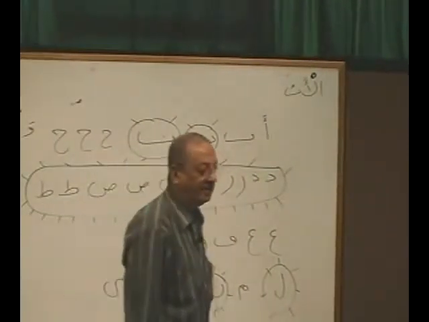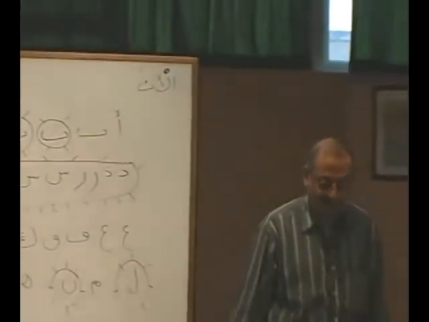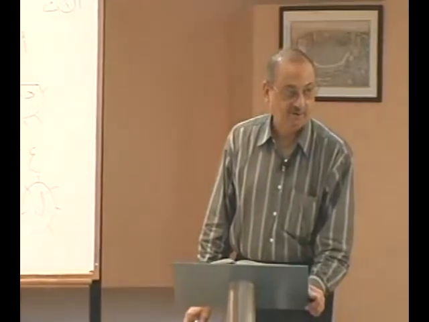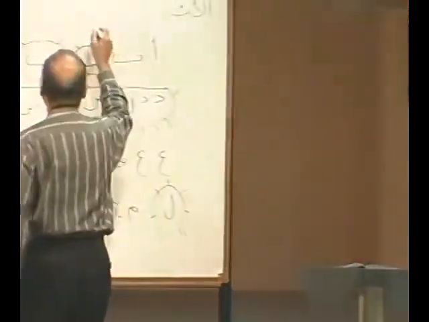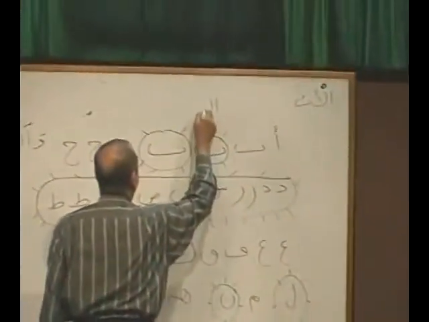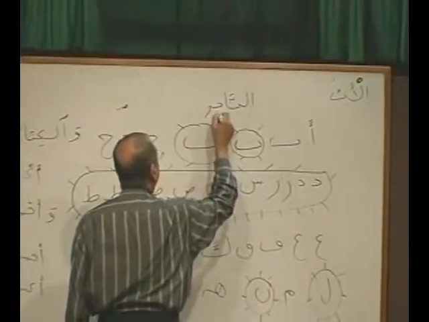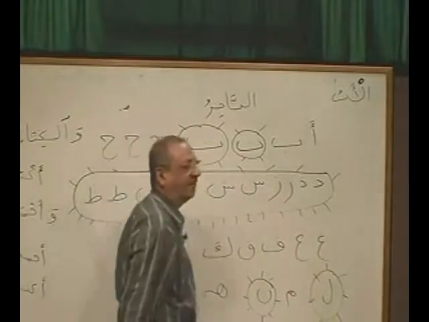Are you with me? But if the next letter is Ba, and it is written here, Al-Babu. Put Waw in front, you will say, Wal-Babu. Compare that to Ta. We come to Ta now. How will you pronounce this now?